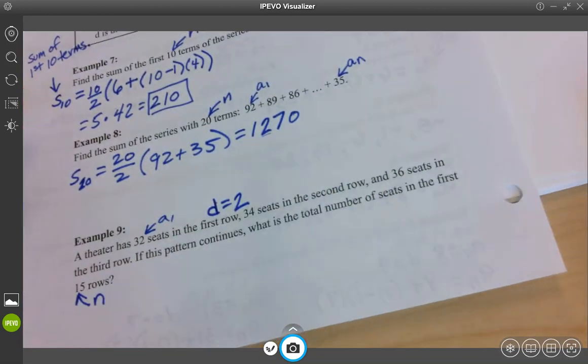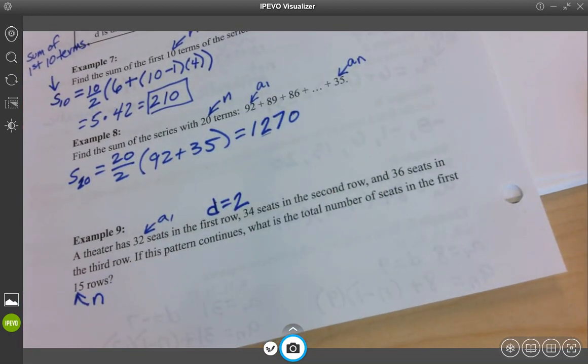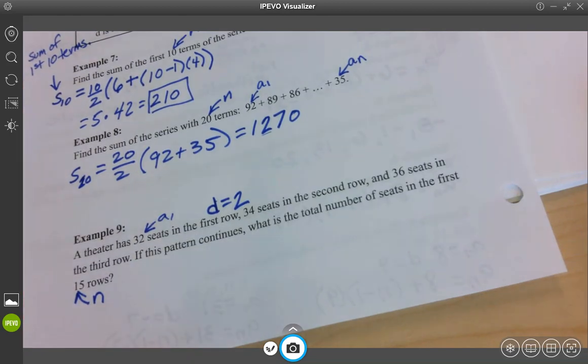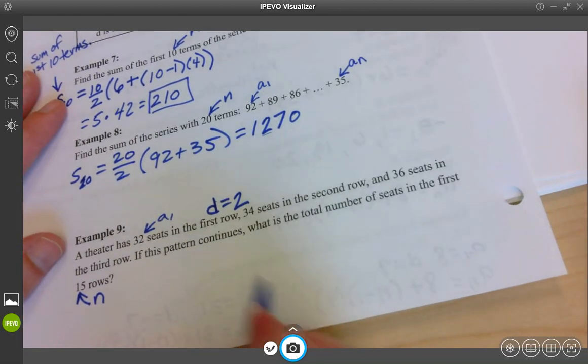D is 2. Okay. Are we going to be using the first formula or the second formula? The second formula, because we don't know the last term. Okay, so go ahead now. Let's please do that second formula.